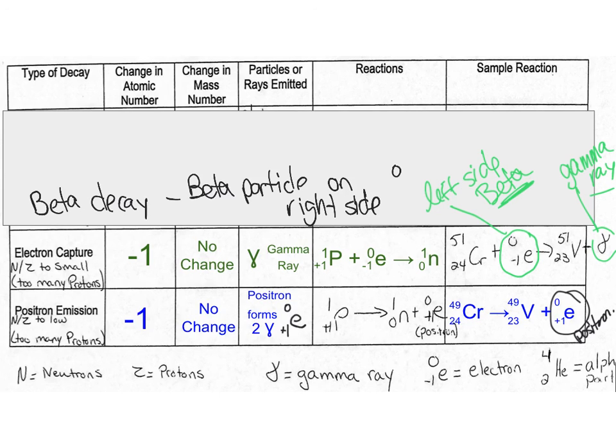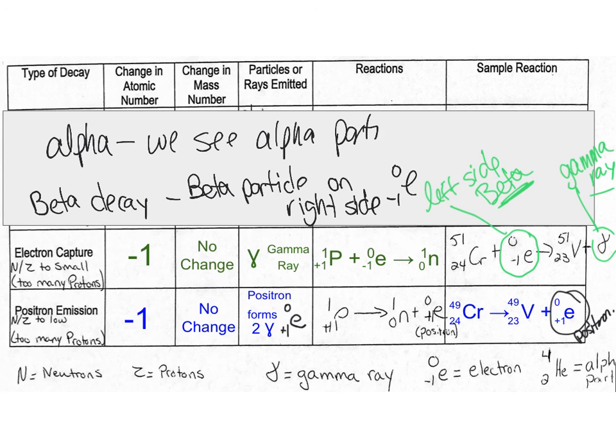And remember, that's a 0, minus 1, E. And for alpha, we see an alpha particle, which is a 4, 2, He. So those are the dead giveaways.